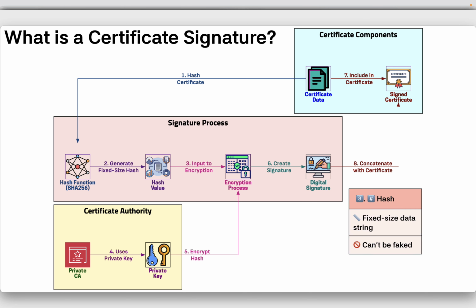The function produces a string of data that is a fixed size and cannot be faked, and this is called a hash. You can call it a one-way hash or one-way algorithm. You have an input and it will have an output which is fixed length. The CA then uses its private key to scramble the hash value. The result will then be combined with the original certificate.